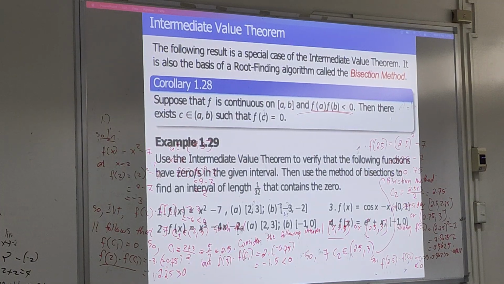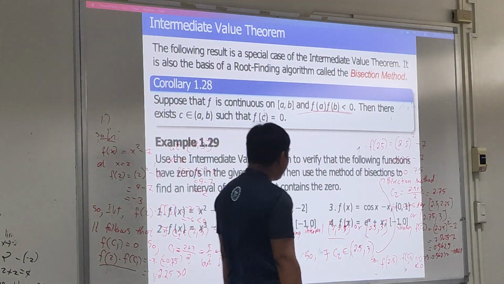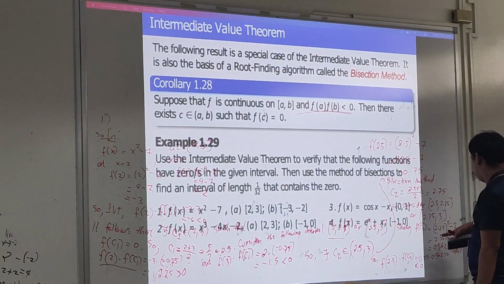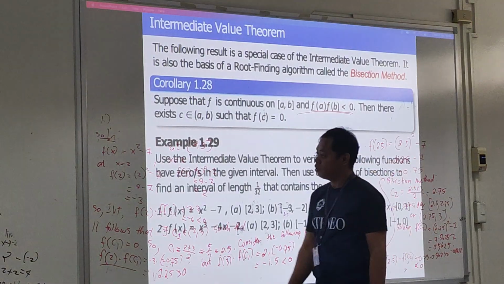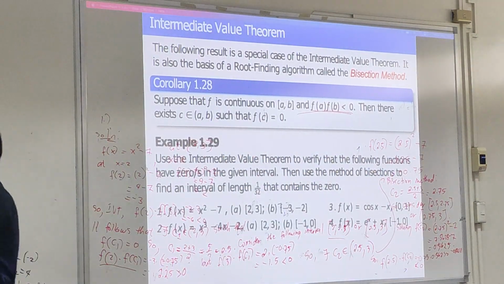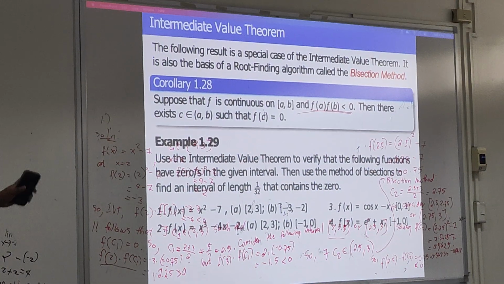So we do not have to work further; it is the interval from 2.5 to 2.75, with length 1/4, so your next one is 1/32.